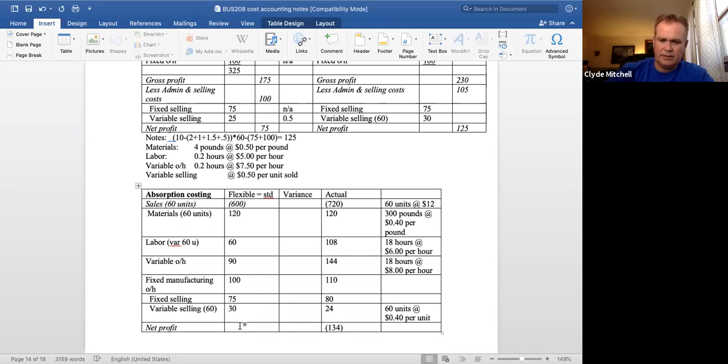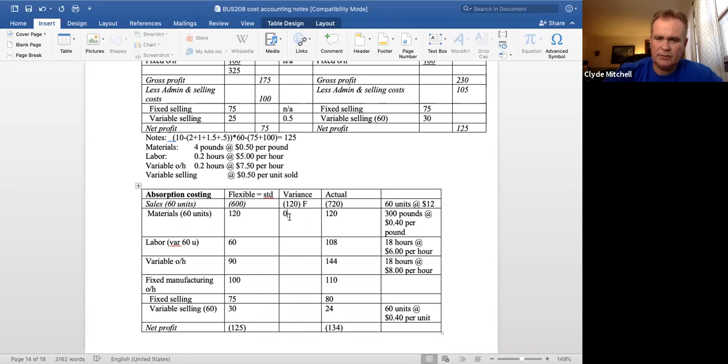And our profit is 125. Okay, so now if we go and take our actual and subtract our flexible, which actually turns out to be our standard, we'll get 120 here. And just for no interest sakes, we're happy about getting that extra money.